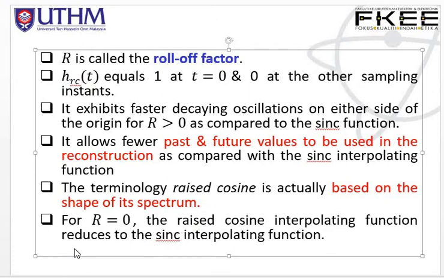R is the so-called roll-off factor, and h_RC equals 1 at t equals 0 and 0 at other sampling instants. This raised cosine interpolating function allows fewer past and future values to be used in the reconstruction. The terminology of raised cosine is based on the shape of its spectrum. For R equal to 0, the raised cosine interpolating function reduces to the sinc interpolating function.